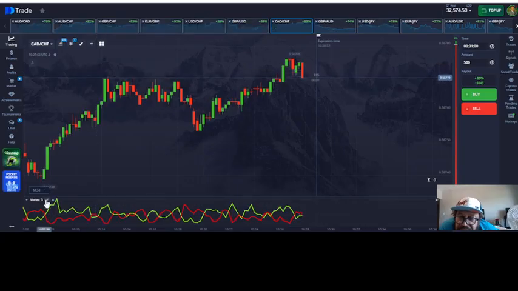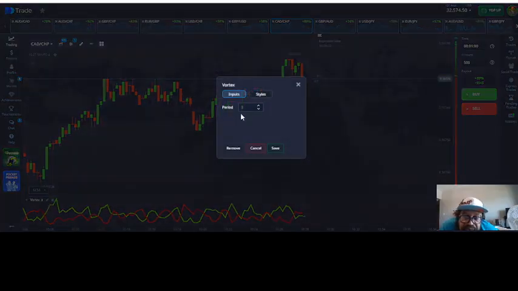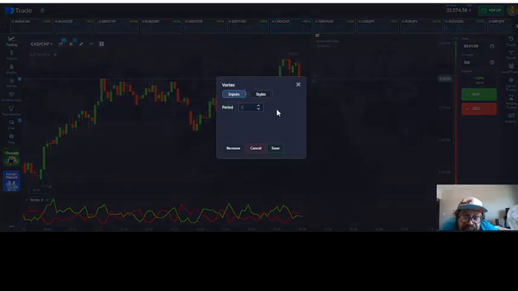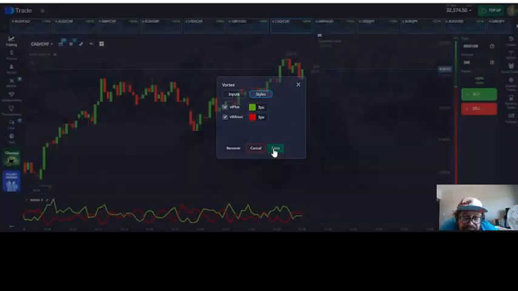For the indicator settings for the Vortex, I have the period set to 3. And in the style settings, I've increased the line width of the VI plus line to green, 3 pixels line width, and for the minus VI line, red, 3 pixels. Okay, so we can go ahead and save that.